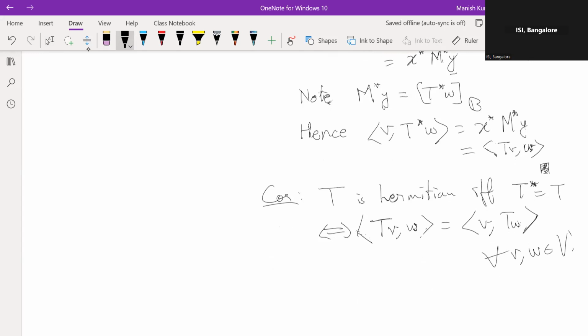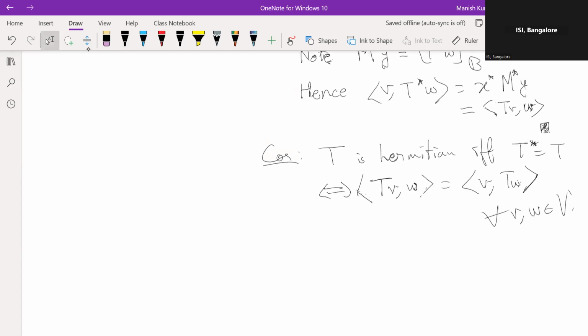So of course, the forward direction is just the definition, and the converse is also okay, because the linear operator is determined by this positive definiteness. And similarly, this is the first corollary: T is unitary.